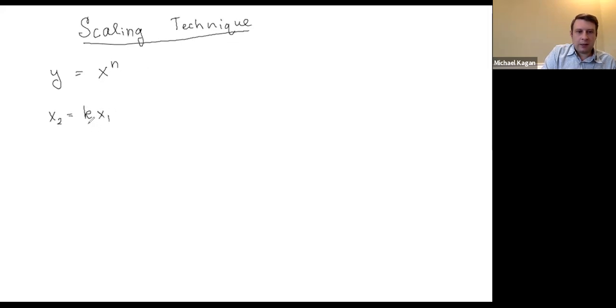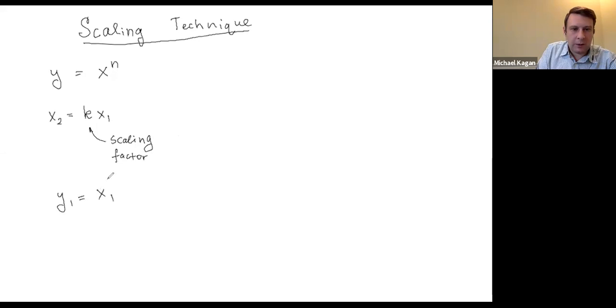So k is called the scaling factor. Okay, then your y2 will be equal, actually, you know what, let me just do it a little bit more elaborate, and then we'll bring it to a very compact form.